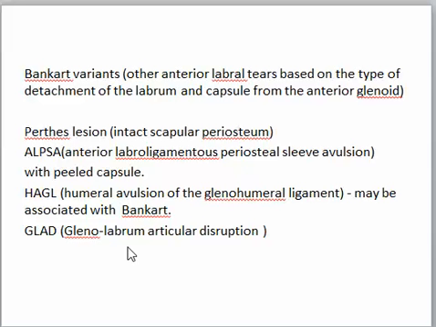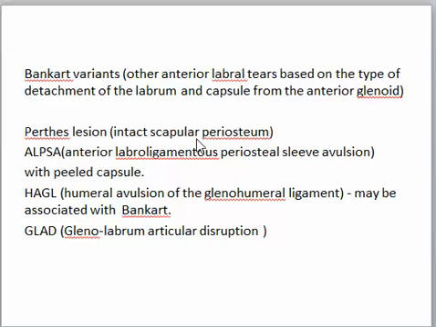And if it is only the cartilage which is involved, it will be called GLAD, or gleno-labral articular disruption. So we now have Perthes lesion when the periosteum is intact and only part of the labrum is involved.